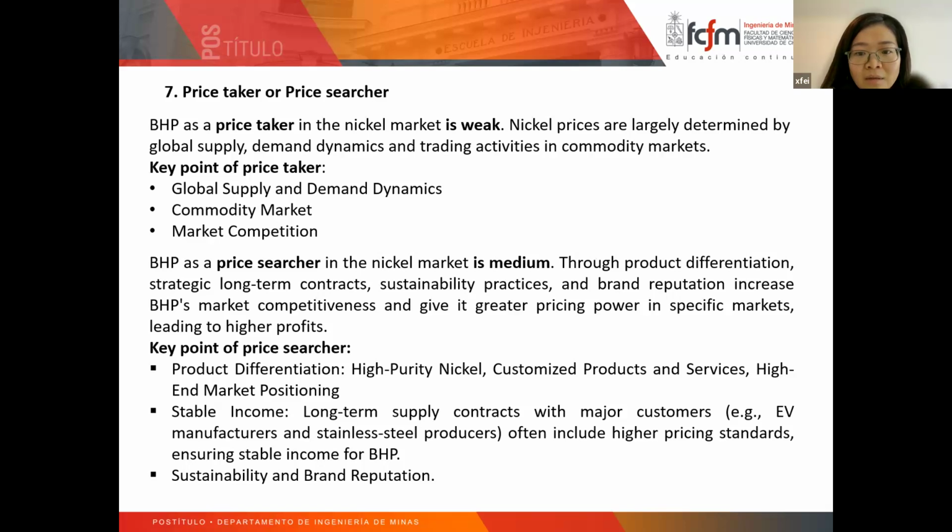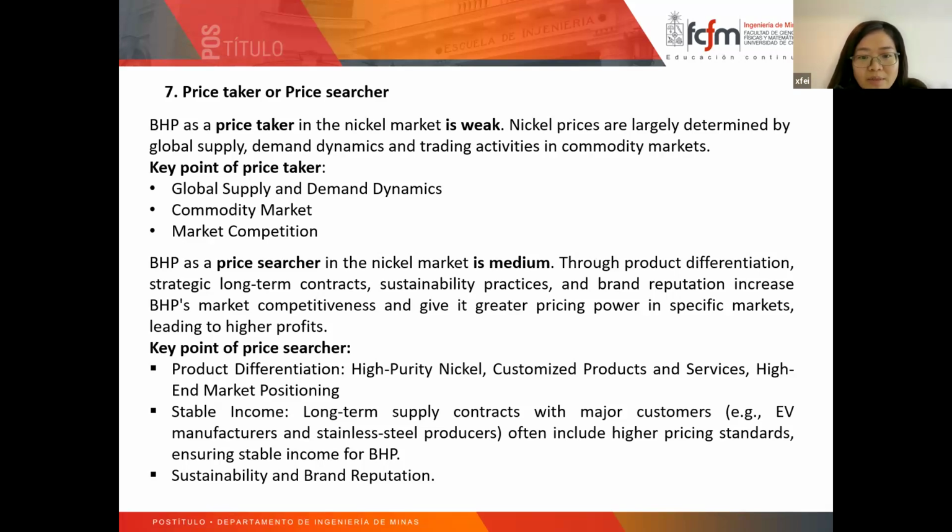On the other hand, fluctuations in global production, such as increases from Indonesia and the Philippines, can lead to oversupply and price decreases. Conversely, high demand from industries like electric vehicles can drive prices up.